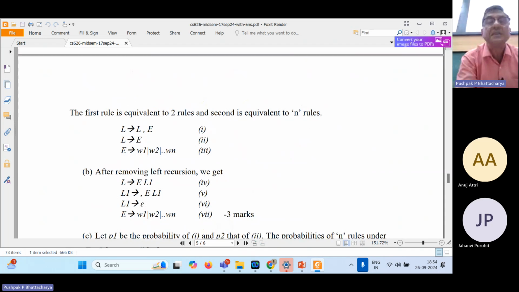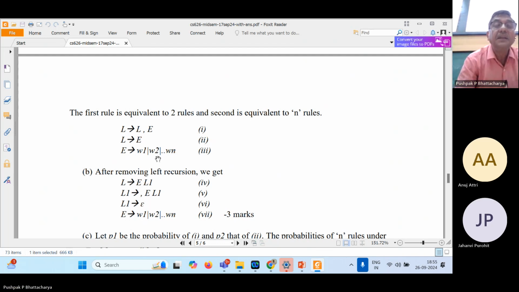So the rule is very simple there. This is the rule. L, the list, goes to L, comma E, left recursion. And L can also go to E. So you can substitute L by L, comma E as many times as you want. And then substitute E by word 1, word 2, etc. The list can have duplicates, but the words are unique.